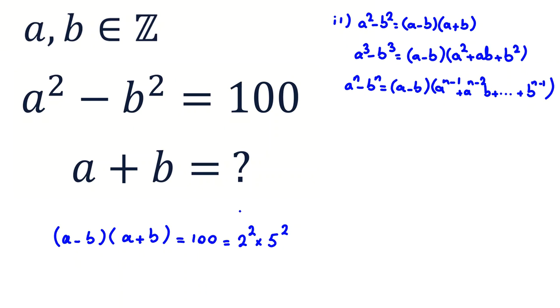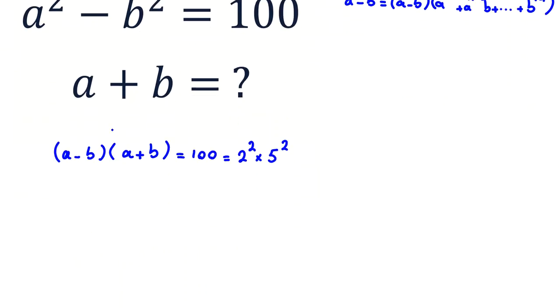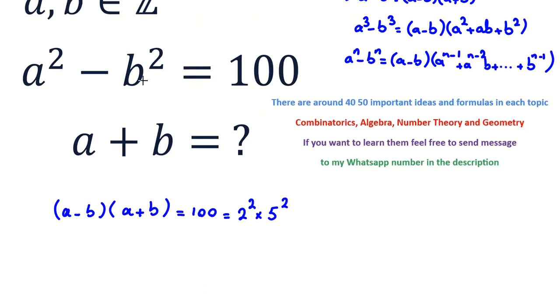And a minus b is a divisor of that. One important thing: a minus b and a plus b are both even or both odd. It is very important, the sign has no effect on parity.